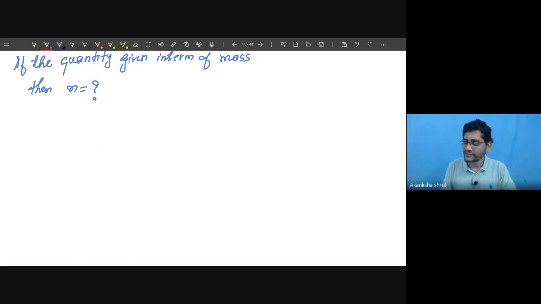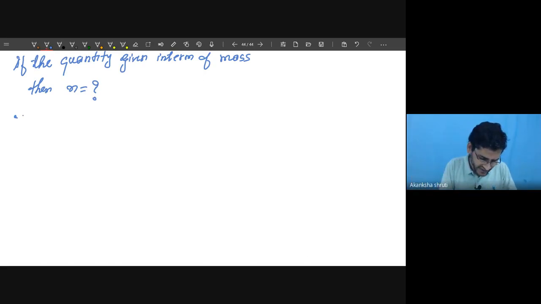A student, we know that for 1 mole of any particle or any molecule, the mass is its atomic mass or its molecular mass.